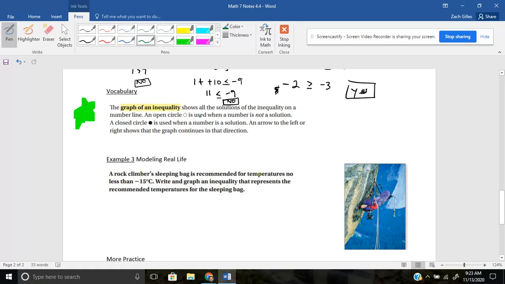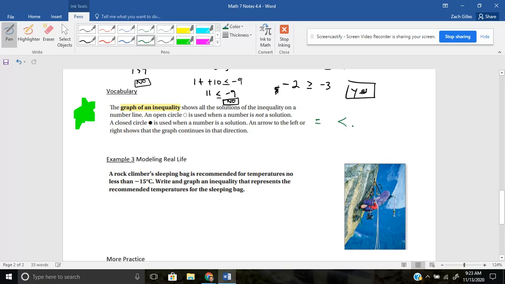An open circle is used when a number is not a solution, and a closed circle is used when a number is a solution. An arrow to the left or to the right shows the graph continues in that direction. So, in other words, I'd write this down if I were you.